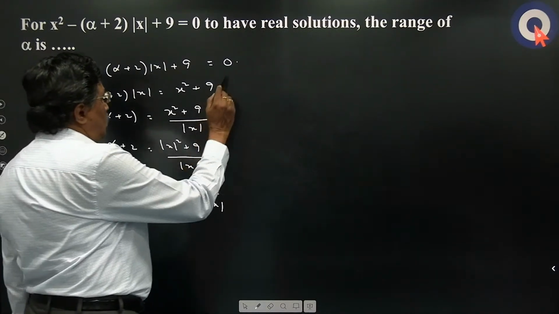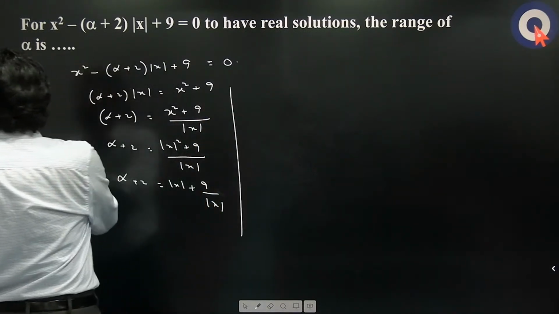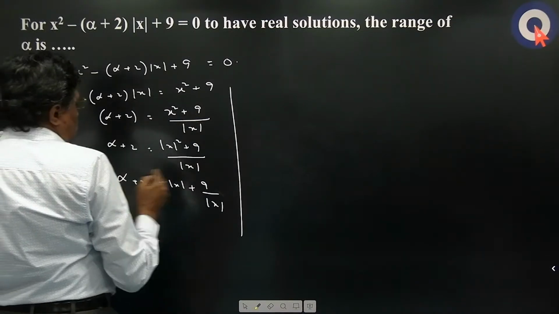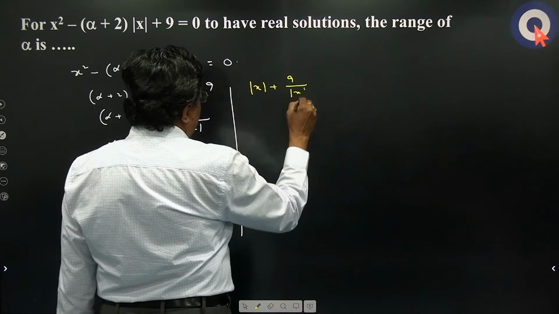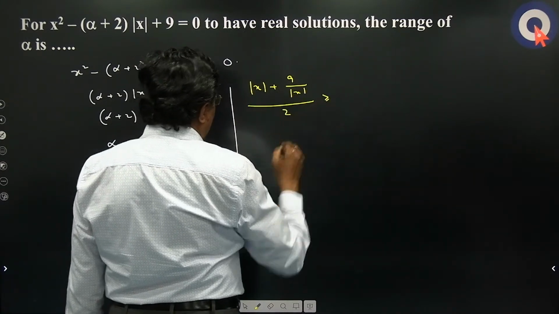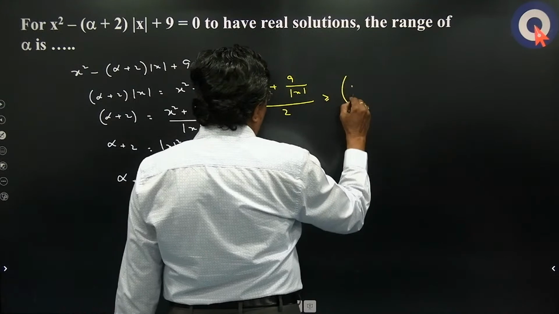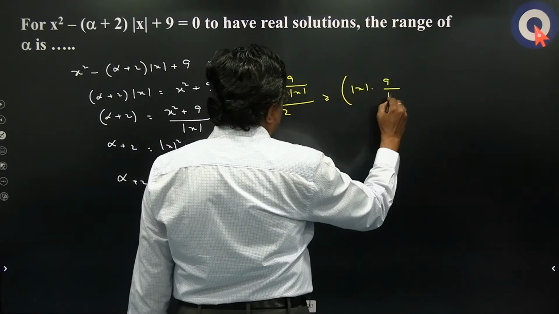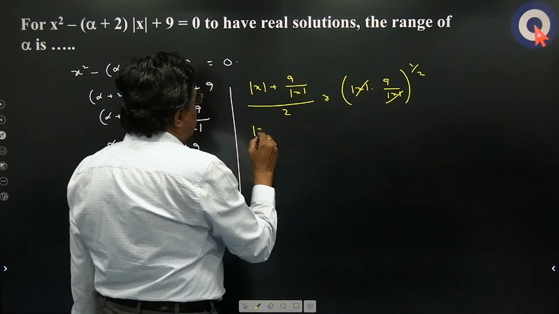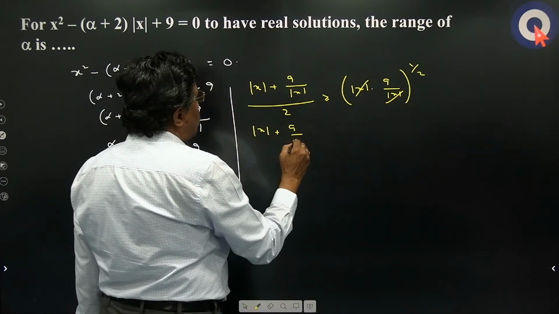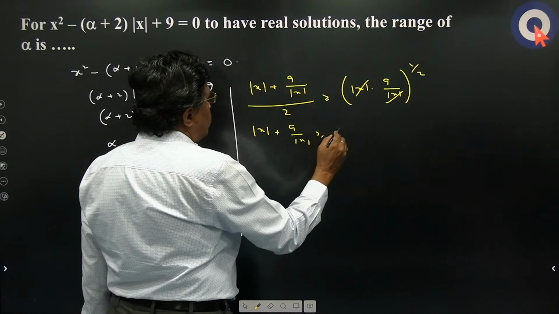So mod x plus 9 by mod x, their arithmetic mean is greater than or equal to their geometric mean, which is (mod x into 9 by mod x) to the power of 1 by 2. So you have mod x plus 9 by mod x greater than or equal to 3 twos are 6.